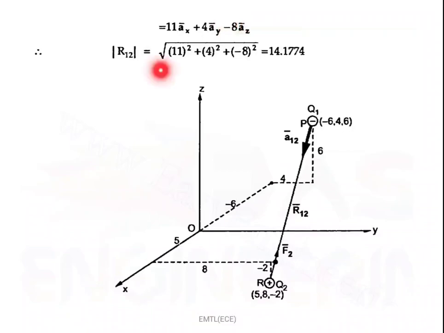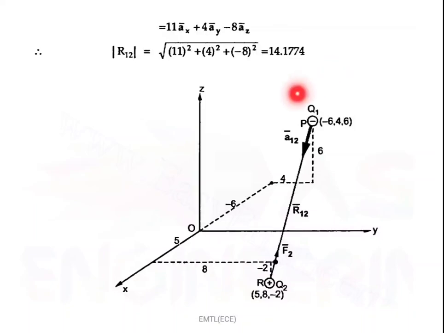By calculating these values, the root of 11 square plus 4 square plus minus 8 square is equal to 14.1774.